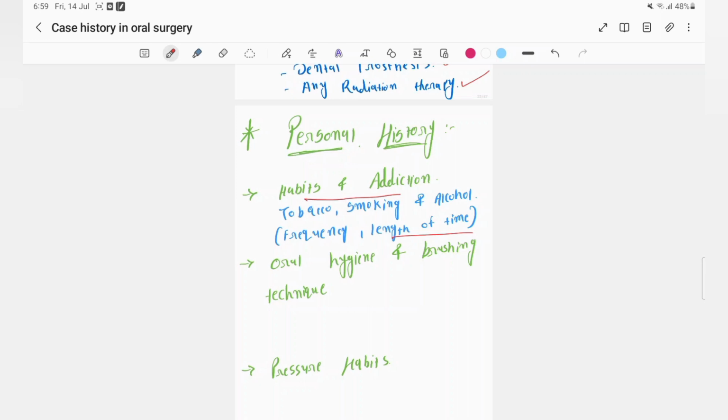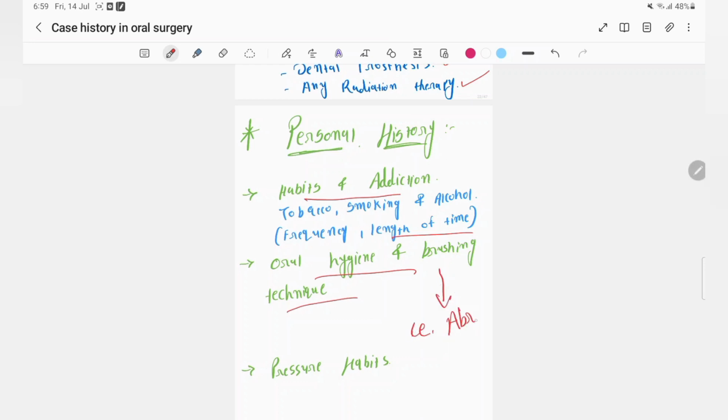Okay, after this we have oral hygiene and brushing technique. Based on oral hygiene, you can make a provisional diagnosis, like bad oral hygiene and improper brushing technique may lead to dental caries and periodontal diseases. Like if a patient has a horizontal brushing technique, it can lead to cervical abrasion.